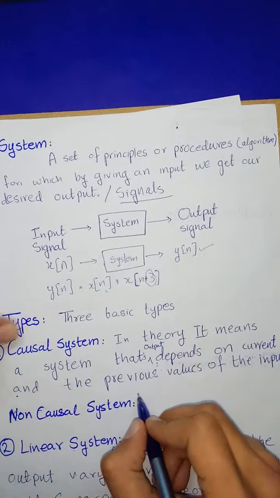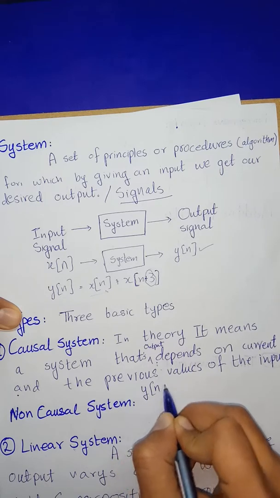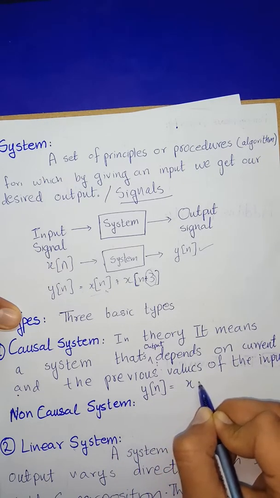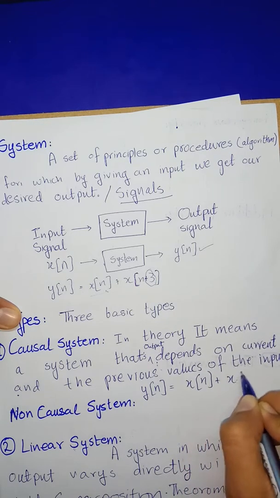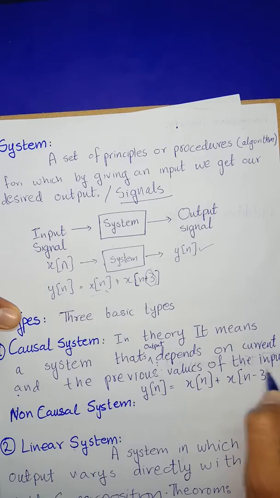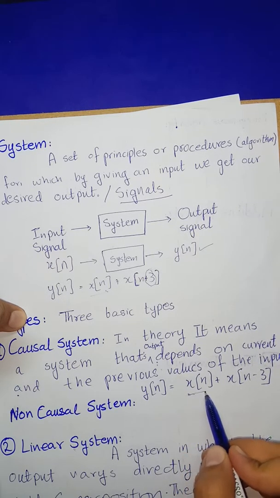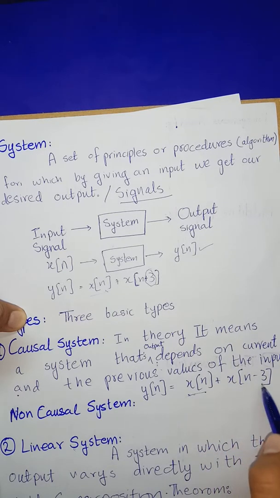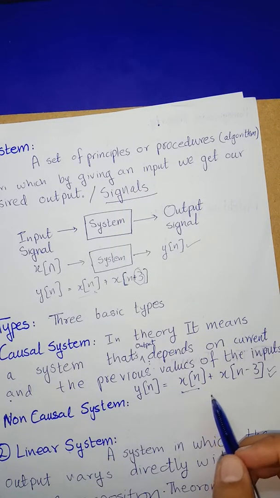For example, let us consider a signal y of n. It has the expression x of n plus x of n minus 1. Here you can see that x of n is the current value of the input signal, and x of n minus 1 refers to the past values of the input signal that we have provided to the system.